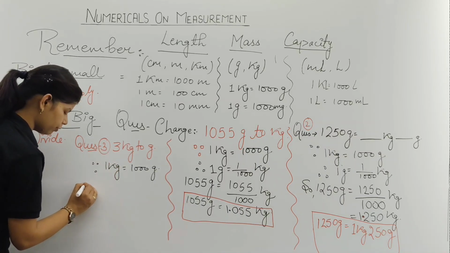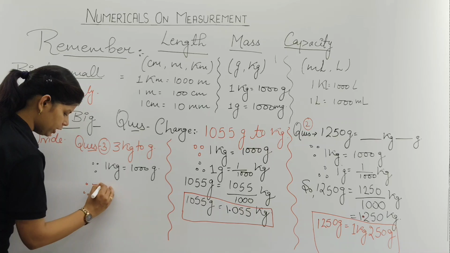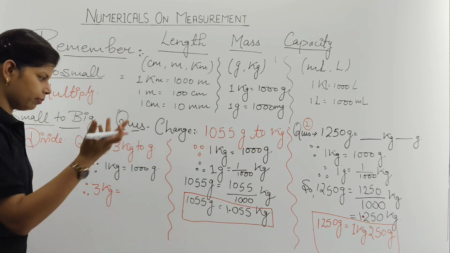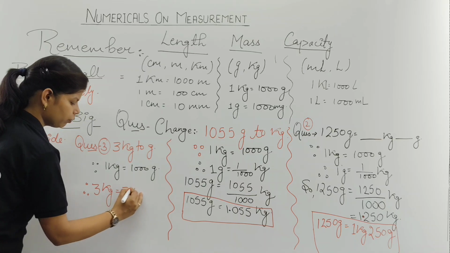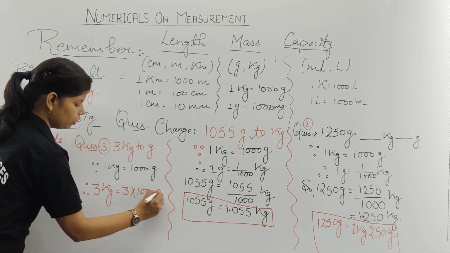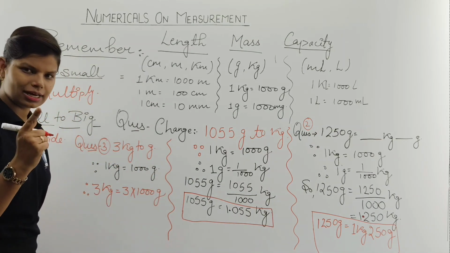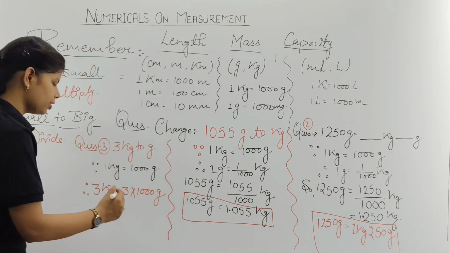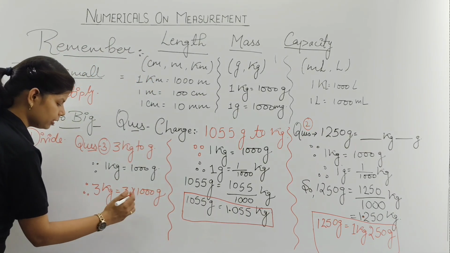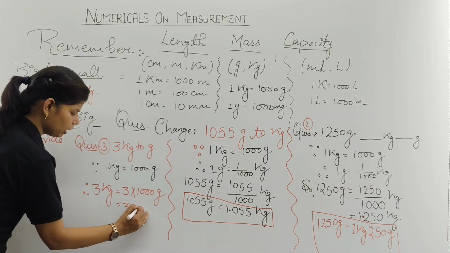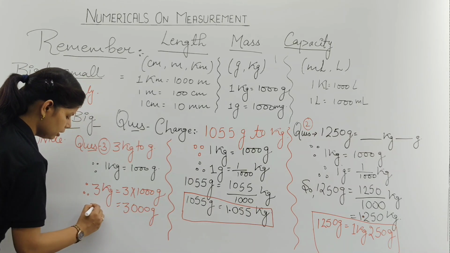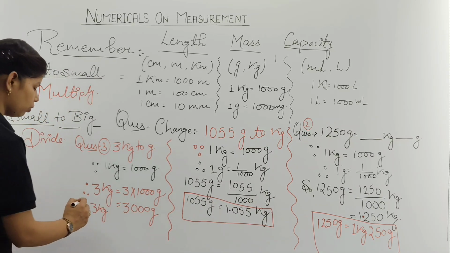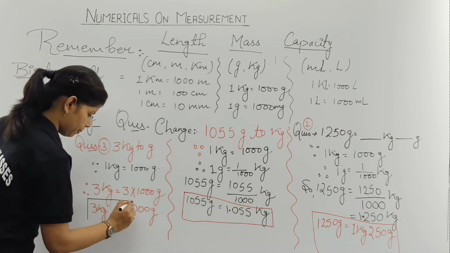Therefore, 3 kg equal to how many gram? Directly we have to multiply 3 with 1000. Children, can you guess the answer? Good. So your answer is 3000 gram. That means 3 kg will be equal to 3000 gram.